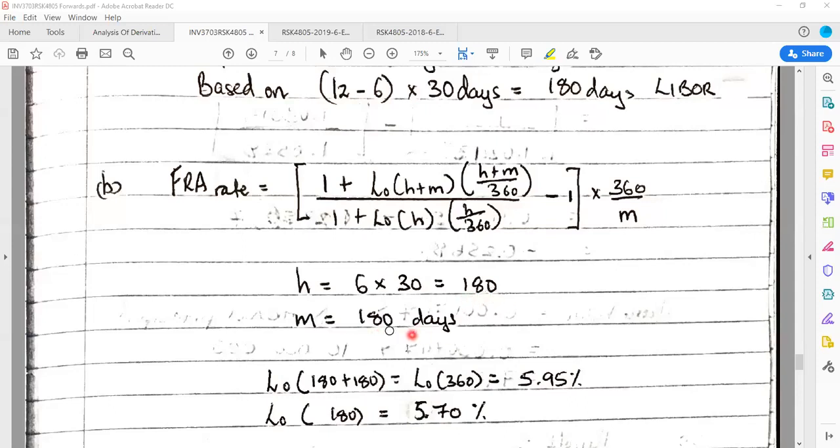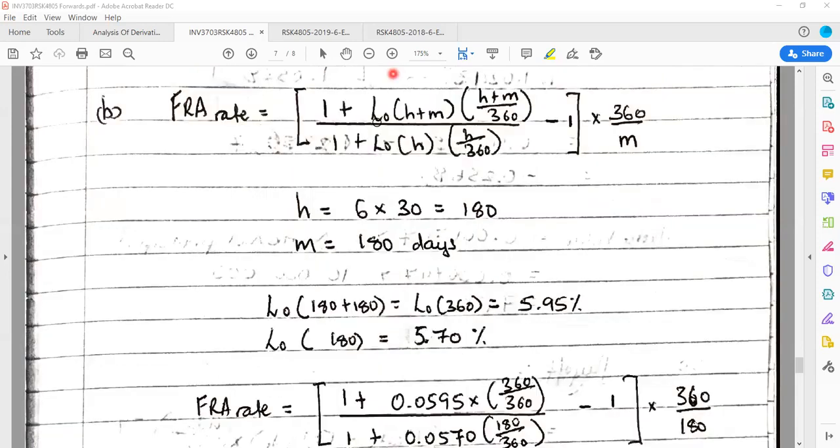And M is 180 days. You want to borrow or lend for 180 days, right? It's based on the 180-day LIBOR. And then this is the LIBOR rate for 360 days. And this part is the LIBOR rate for 180 days, which is 5.7.